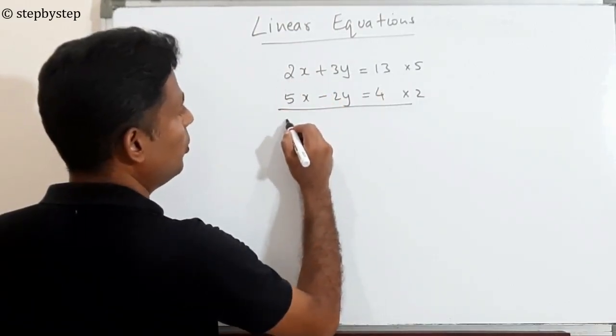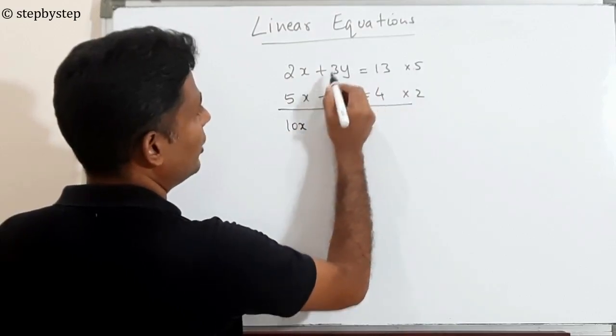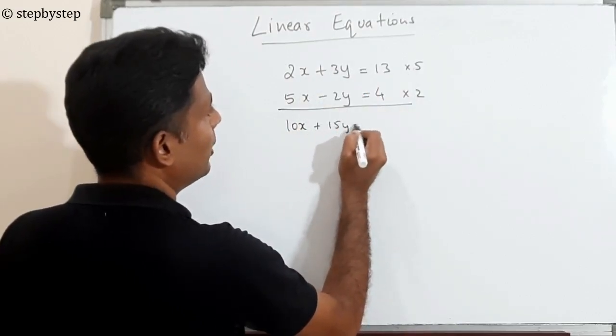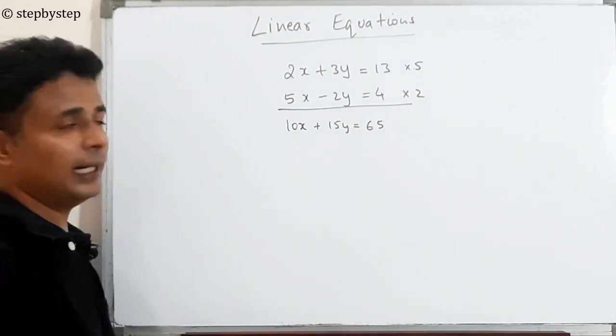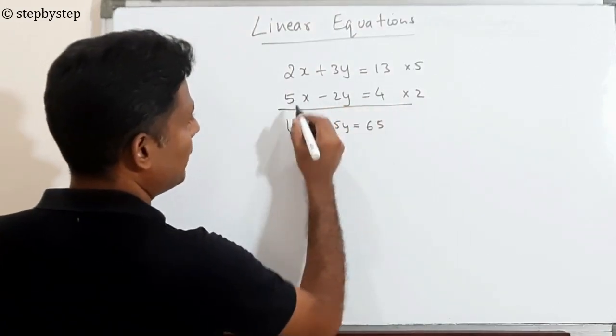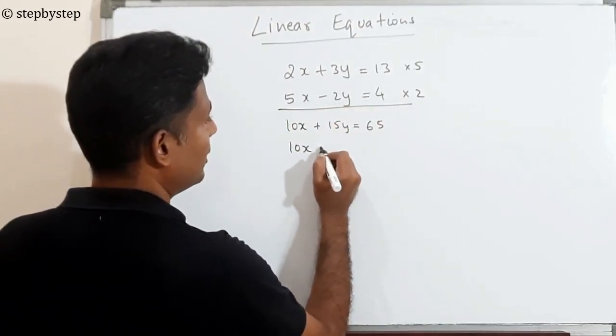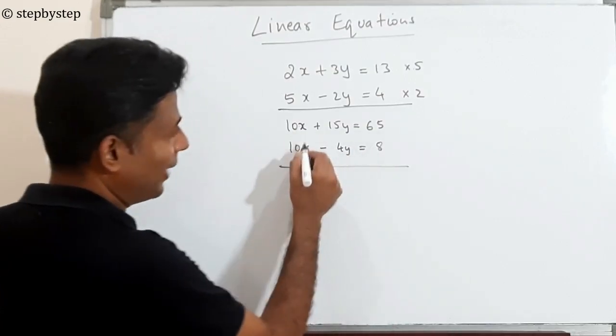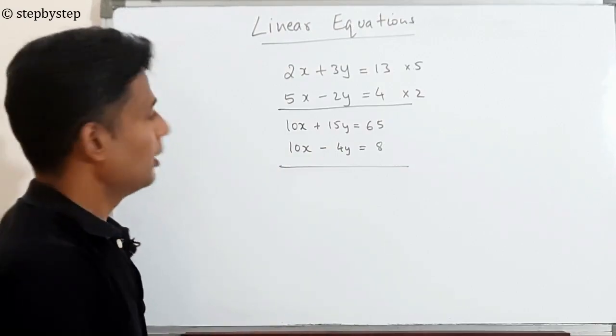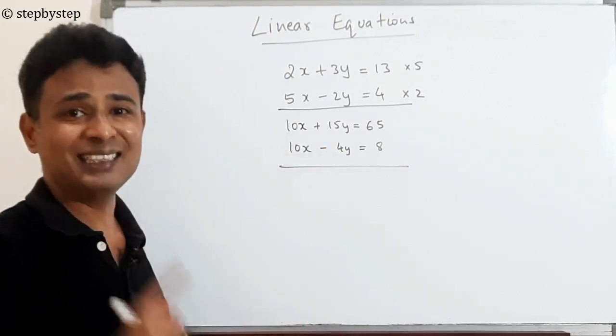So 5 into 2, 10x, 5 into 3 plus 15y, 5 into 13 is 65, right? And here we are multiplying by 2, so this becomes 10x minus 4y equal to 8. Now the values of 10x are same. How can I cancel these two? By subtracting.